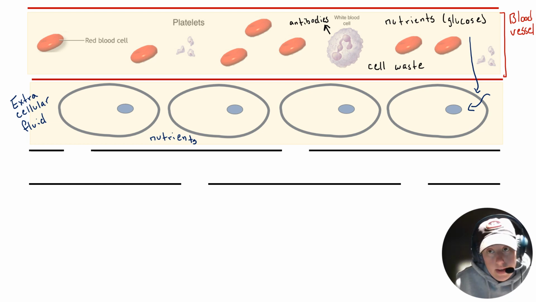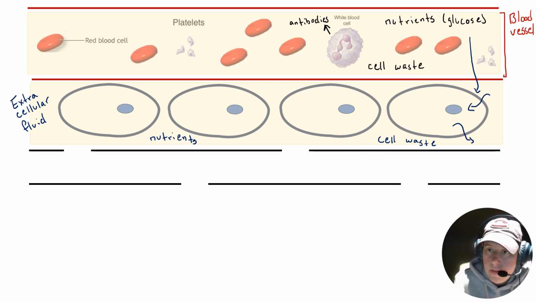At the same time, you'll also have cell waste, because the cell waste will exit the cell and form in the extracellular fluid, and then this cell waste will basically flow through the membrane of our blood vessel or not. And you'll have antibodies, and you'll also have hormones, et cetera.